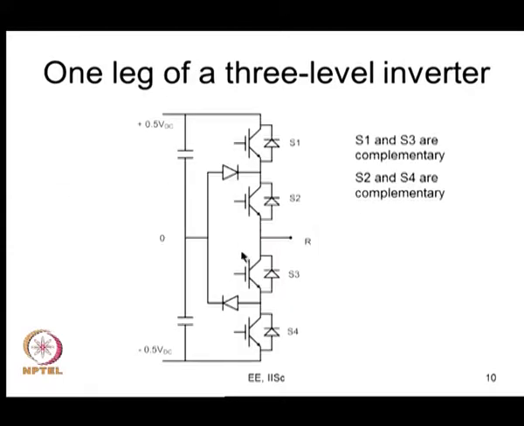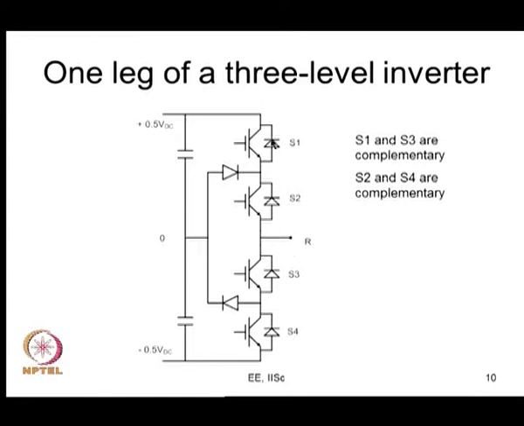So, we realize this 3 level inverter; we discussed this in one of the lectures, and we spent extensively on how to derive this. And this is the single pole triple throw switch realization that we finally came up with. So, if the top 2 devices, S1 and S2, are on, the bottom 2, S3 and S4, will be off, and in that case R will be connected to 0.5 VDC.